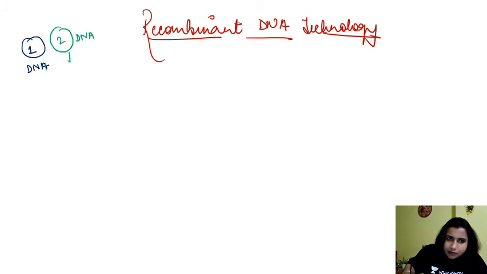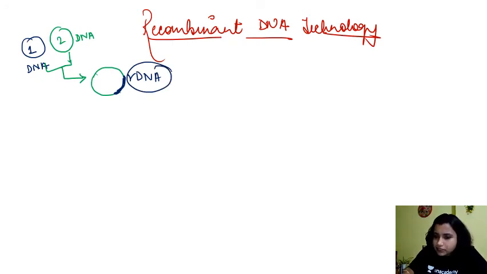Recombinant means this will form a combination of two, so we call it recombinant DNA, right?